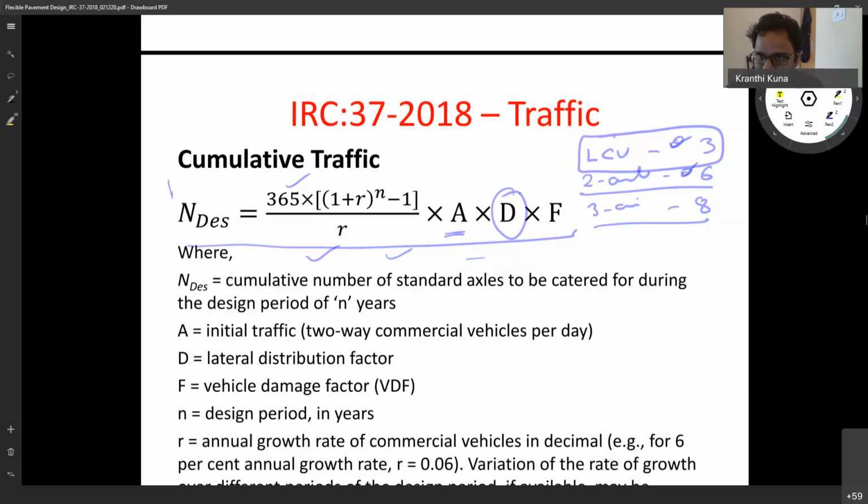Effective CBR is when you have two layers. Soaked CBR is the CBR of the soil material, but effective CBR is a different concept. I'll explain the effective CBR concept later.